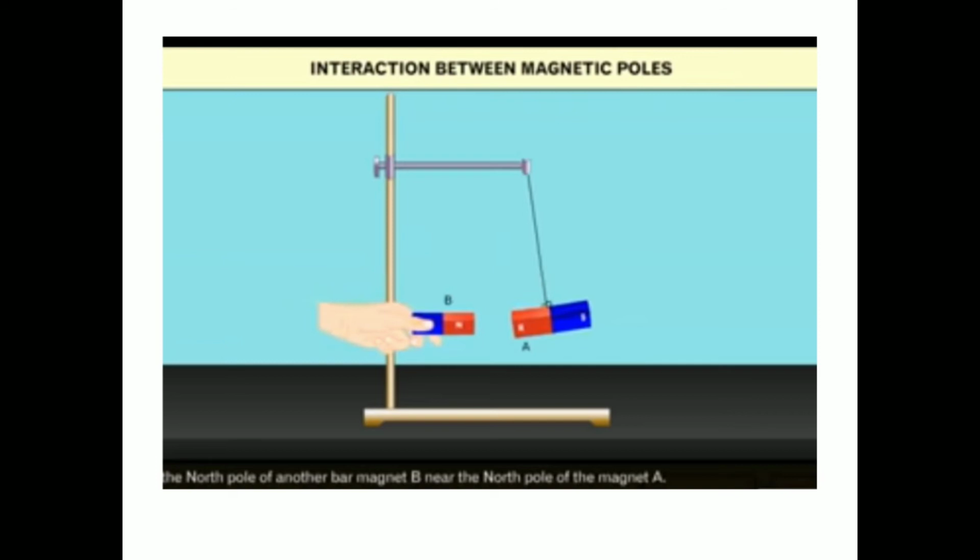If we take the magnets and bring both the north poles together, what will happen? You can see the string is getting apart, it is going a little away. You can see the line of the string is slightly going upwards. In this way you can see that like poles repel each other.